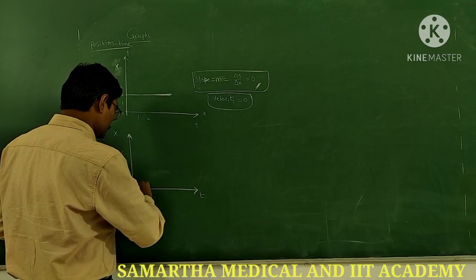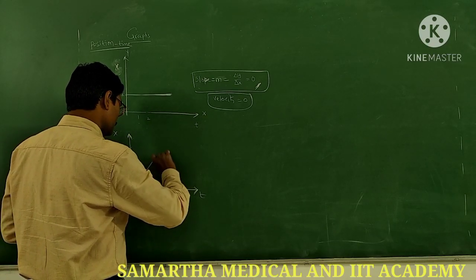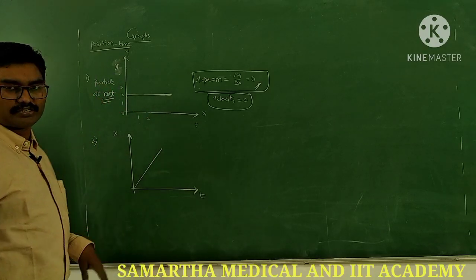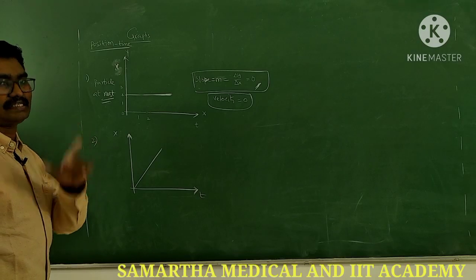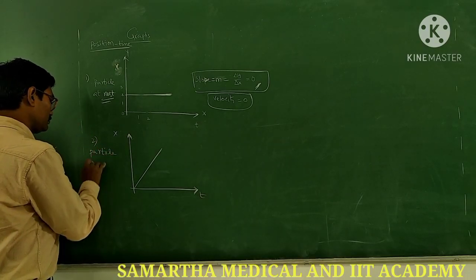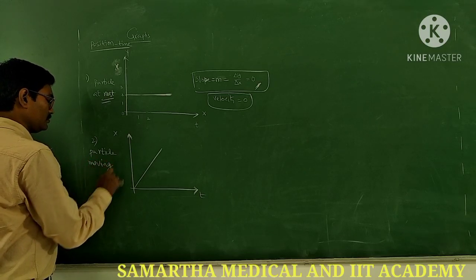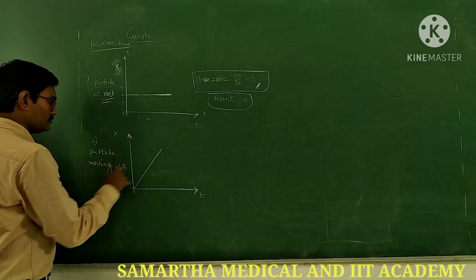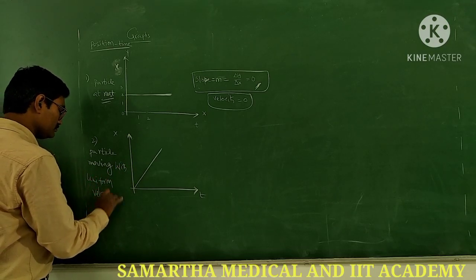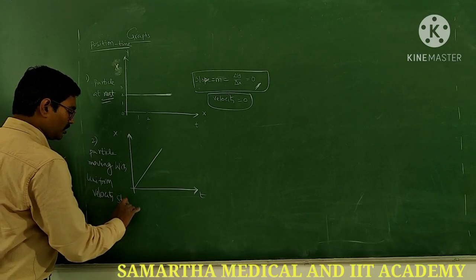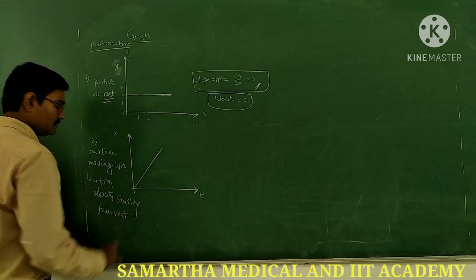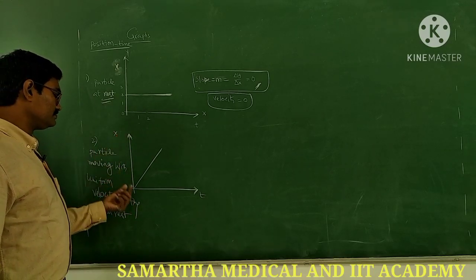Now next one, a particle is moving along a straight line with uniform velocity, starting from rest. So initial position is 0.